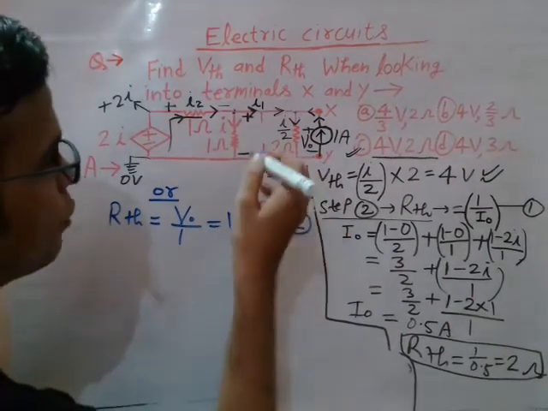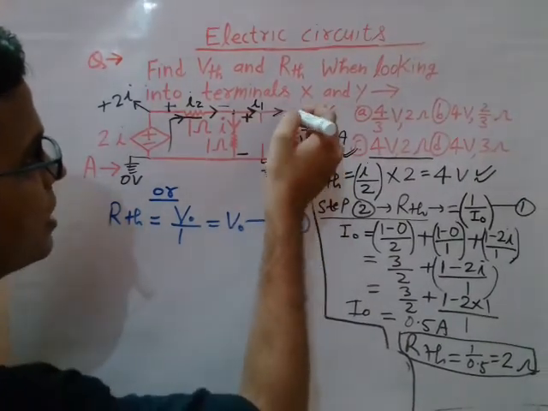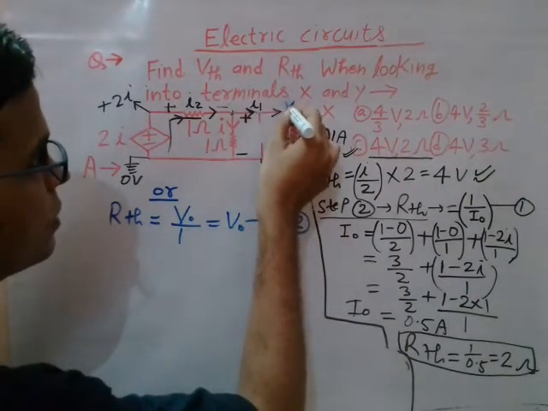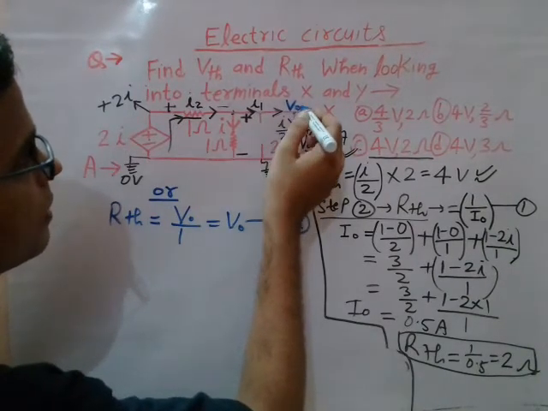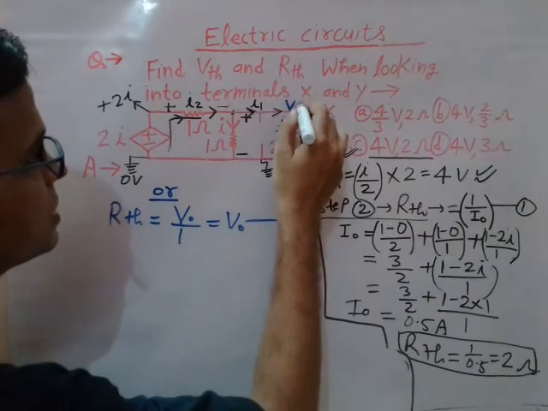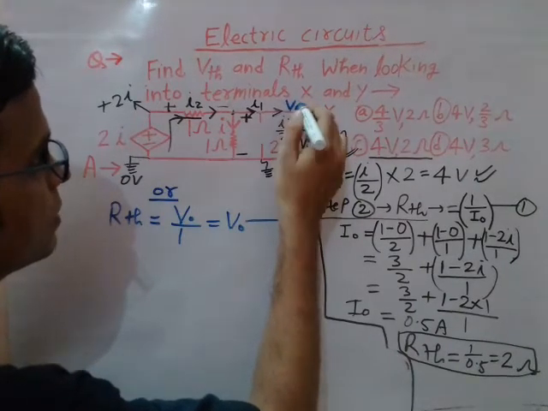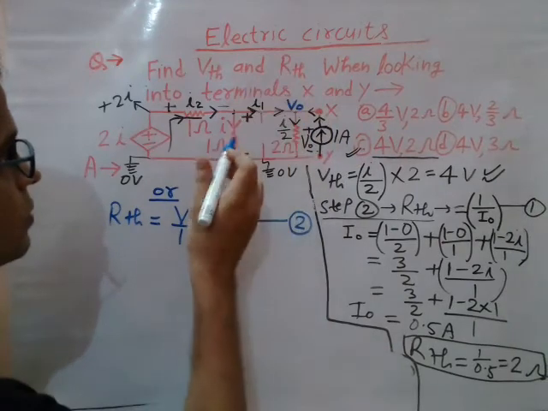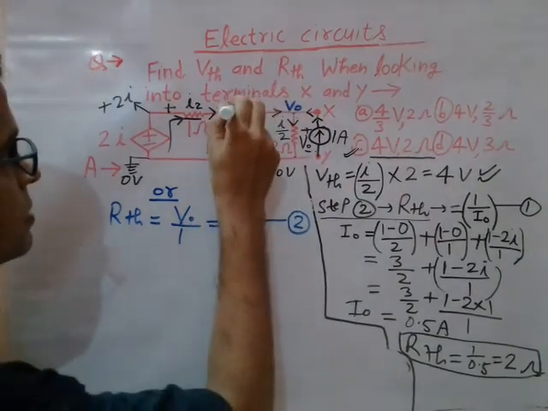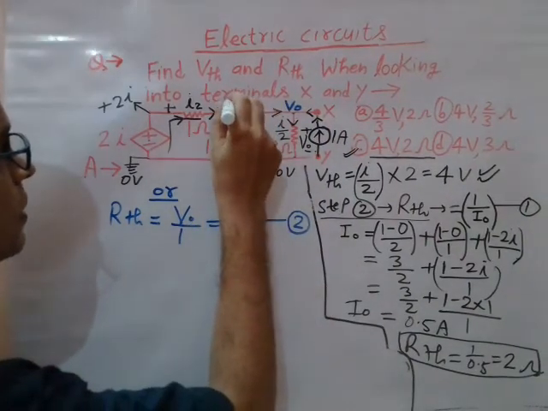So now the voltage drop across this parallel branch is V0, and your job is to find out this V0, right? This voltage drop is equal to this voltage drop, because this is again a parallel branch, so here also V0, right?